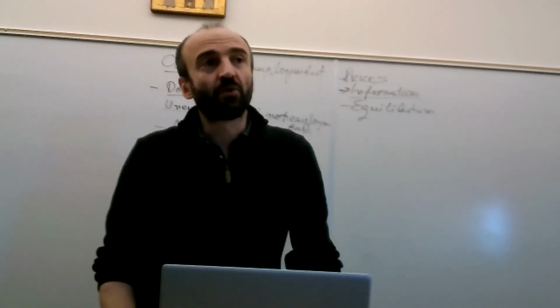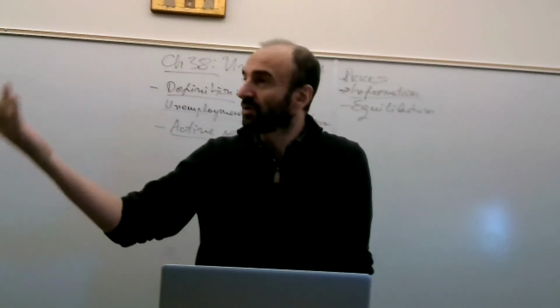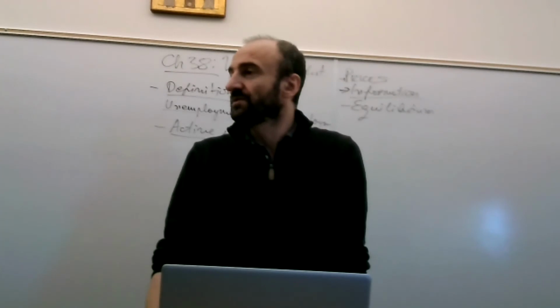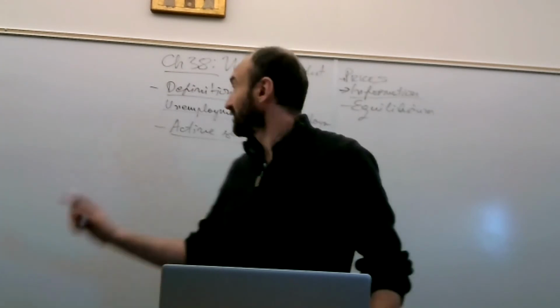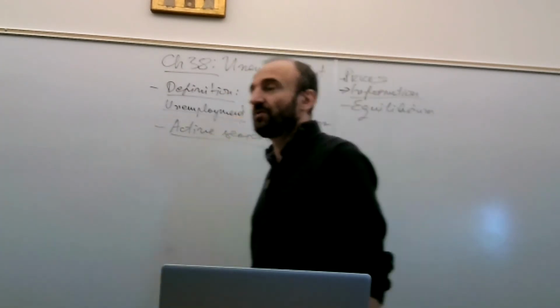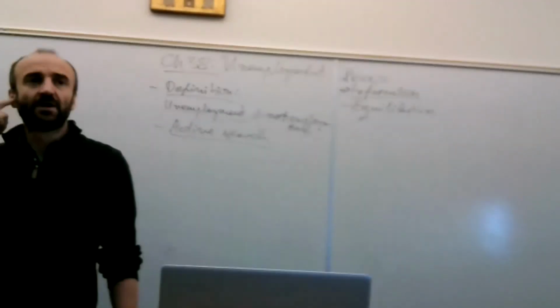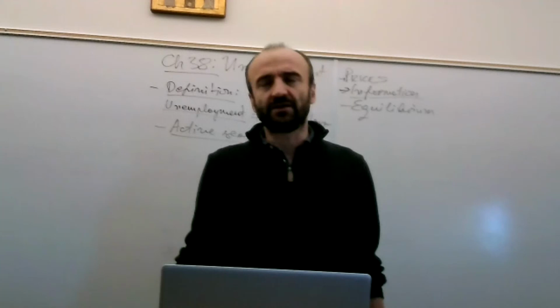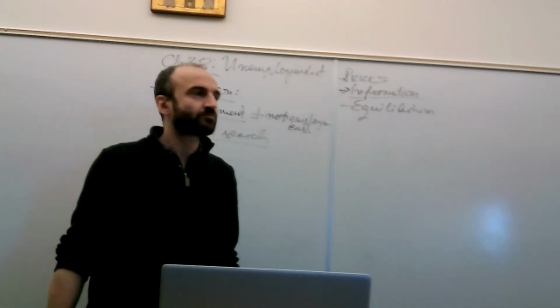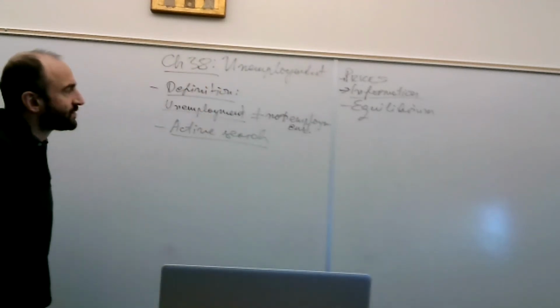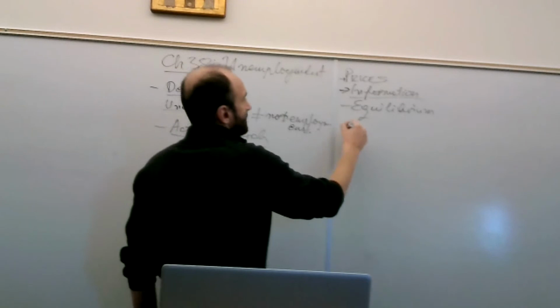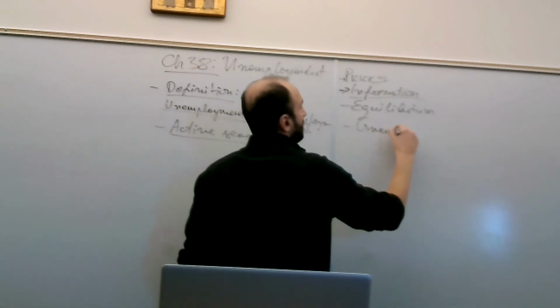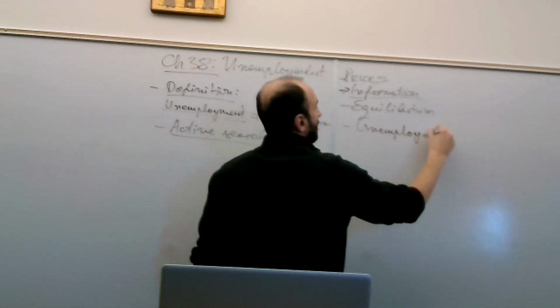Other people who may not work, but are not actively searching for a job, are not captured by these statistics of unemployment. There are other ways how we classify or define those people. One of them is to call them discouraged workers. So you have unemployed and discouraged.